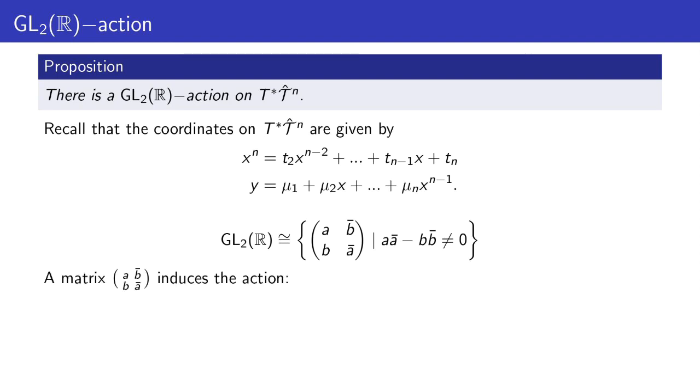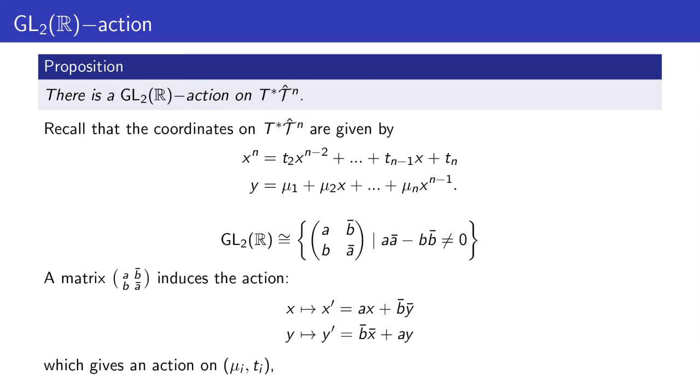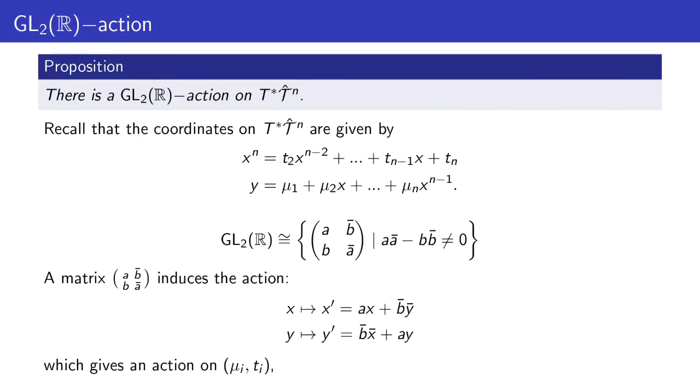Such a matrix induces a change of the coordinates x and y, given by x prime equals ax plus b bar y bar, and y prime equals b bar x bar plus ay. Once you have this transformation of x and y, this induces a change of the t and the mu coordinates. You can show that this is equivariant with respect to the action of higher diffeomorphisms. In this way, you show that there is an action of GL_2(R) on this cotangent bundle.